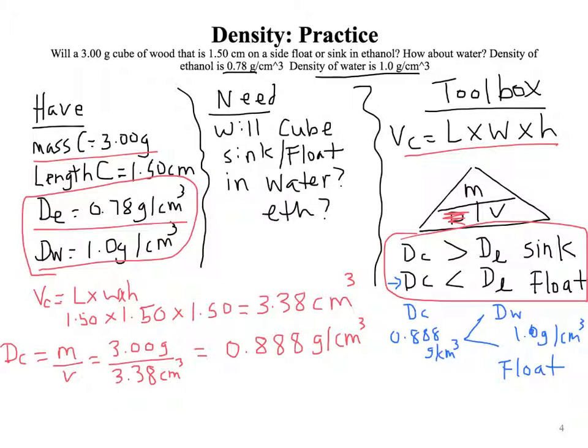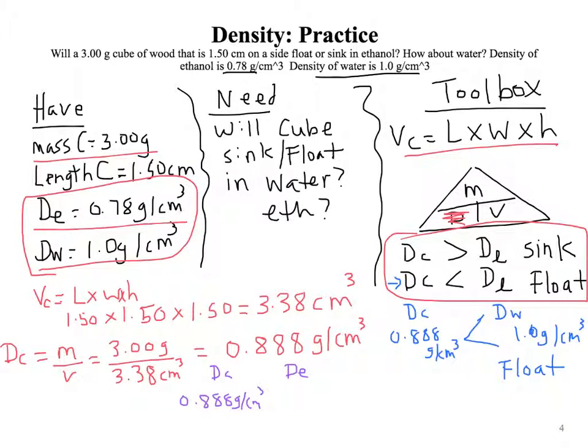Now, if I want to figure out my ethanol, I'm going to do the same thing, compare. So density of my ethanol and density of my cube. Density of my cube is again the same, 0.888 grams per centimeter cubed.